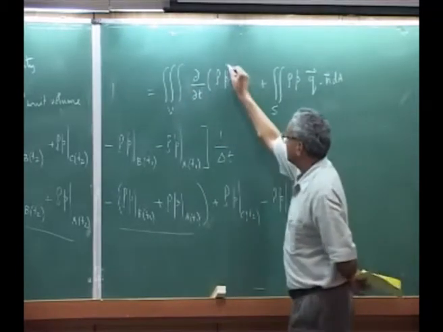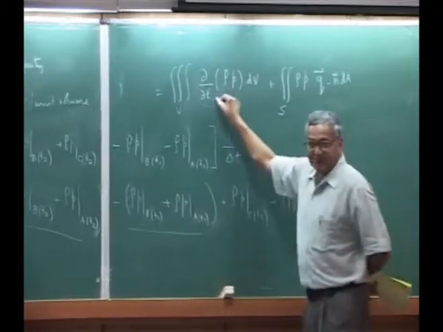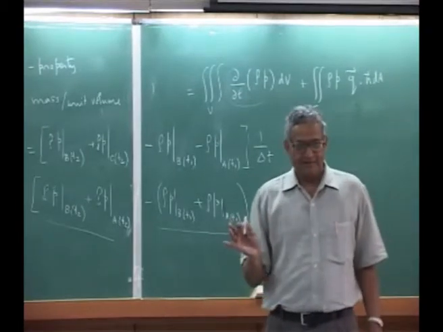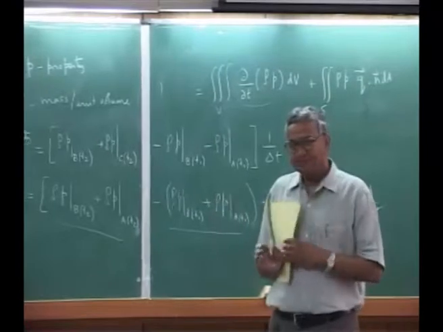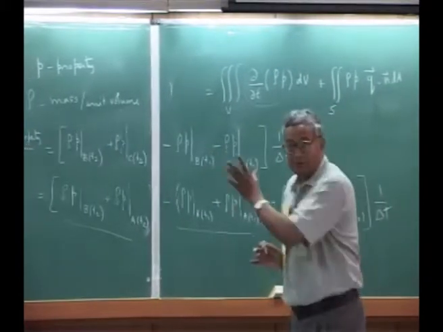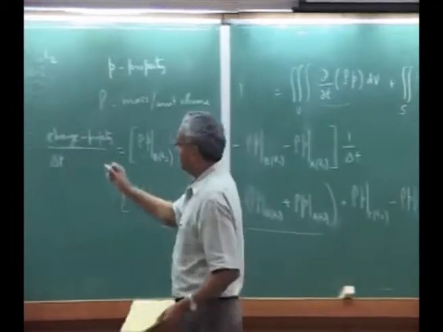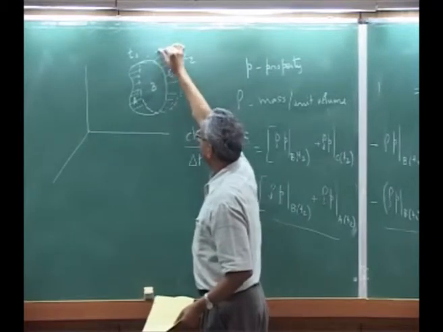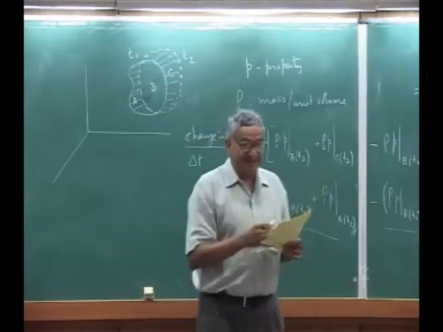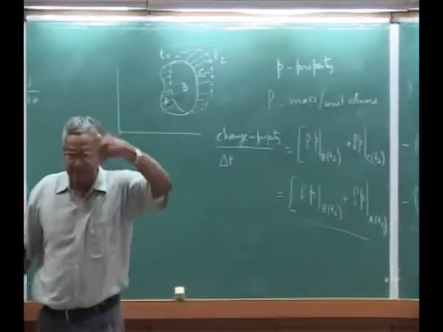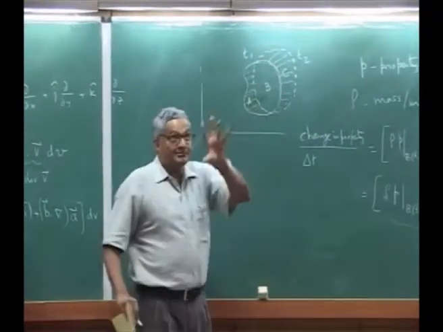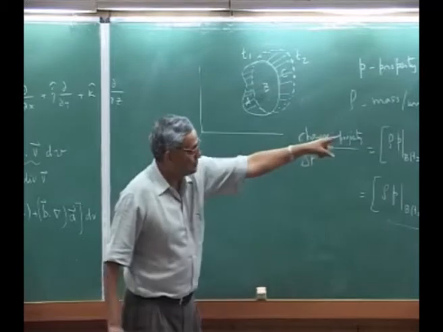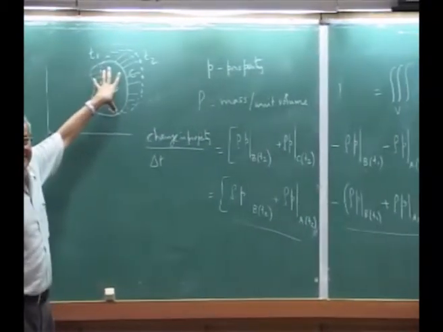This is the property which is changing with time, and this is the property that is flowing out. So this is your change in property of this mass. Please understand, change in property is a total. I am tracking some mass, but that is related to the control volume here.